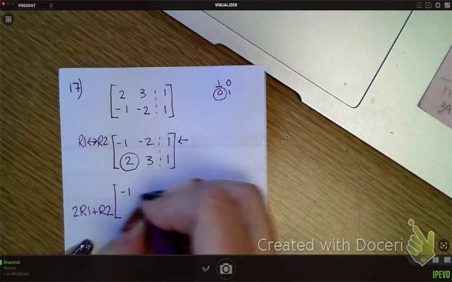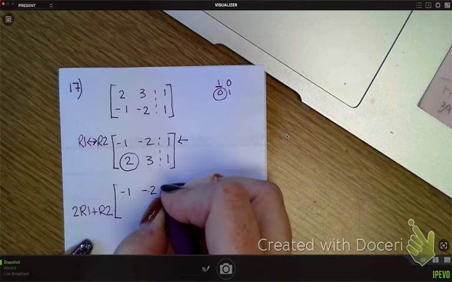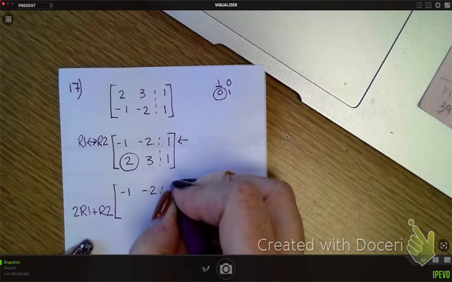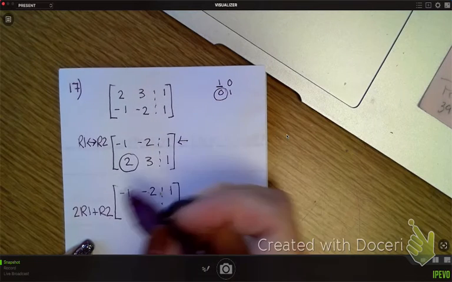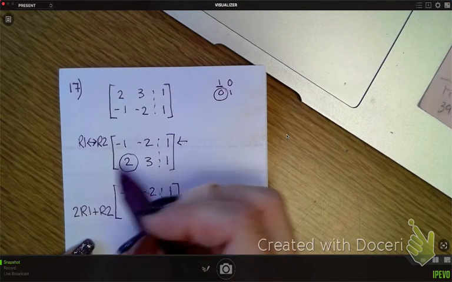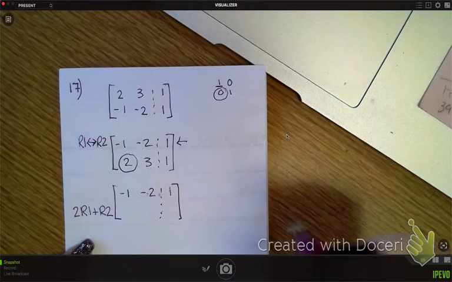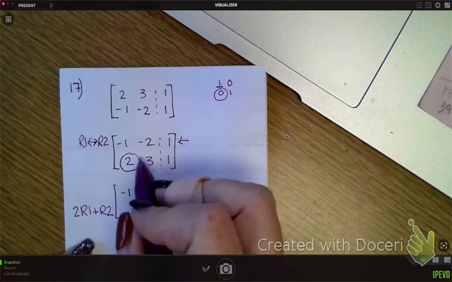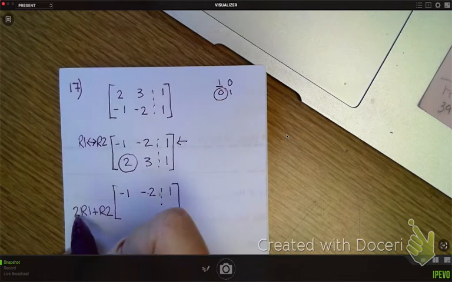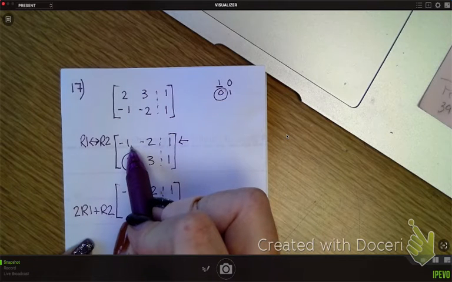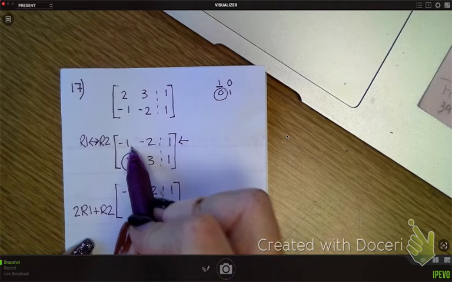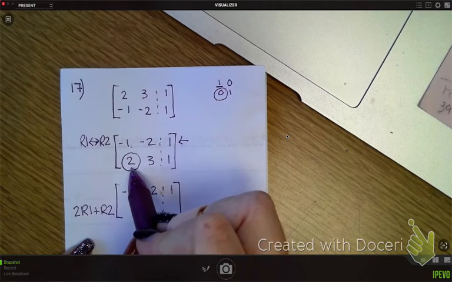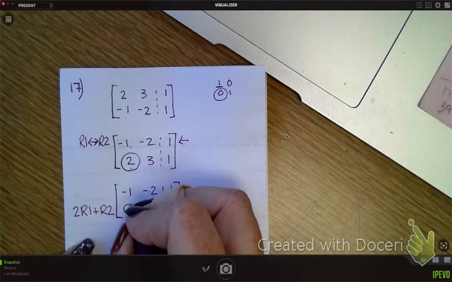So -1, -2, 1. I'm doing this all in my head. If you need to do it on a side piece of paper, do it on a side piece of paper. So 2 times -1 is -2, plus 2, 0. And that was the goal, correct?